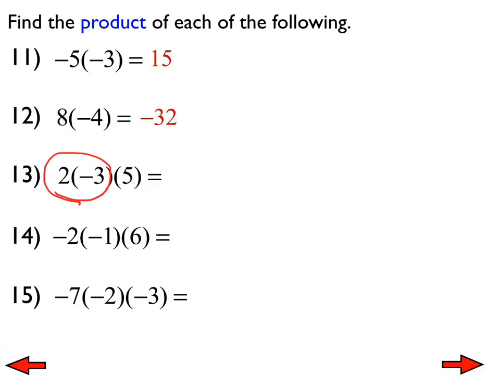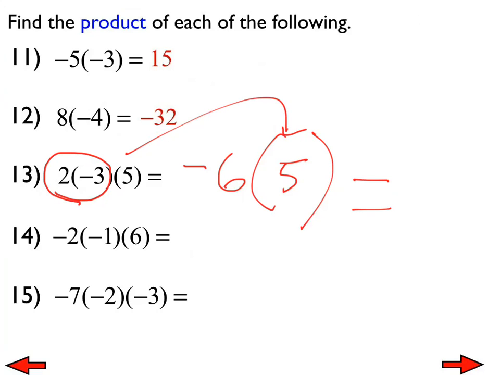That part right there is negative 6. And now we want to multiply that by 5. So now the question is, what is negative 6 times 5? Negative 30. Good. That's how I want you to attack number 14 and number 15. So everybody try number 14 and number 15.